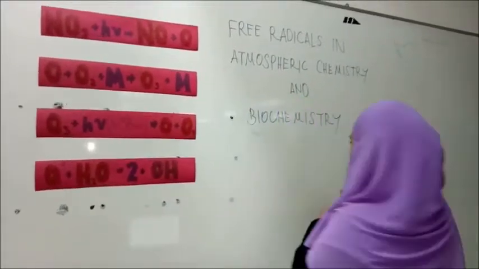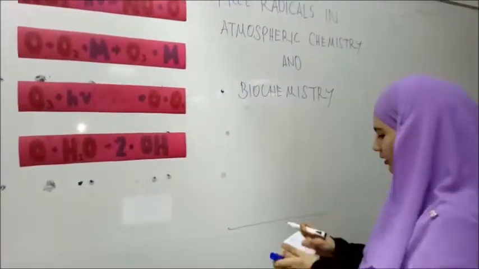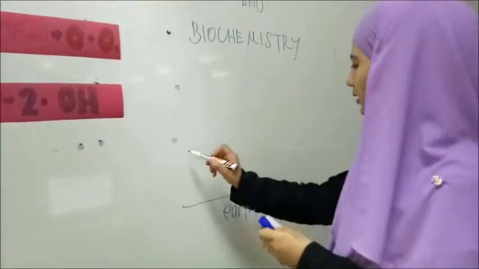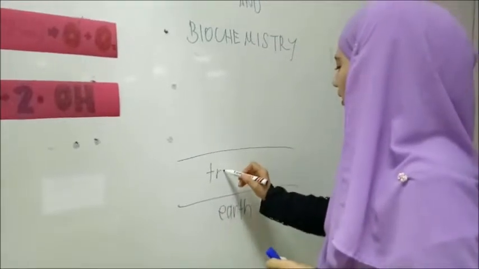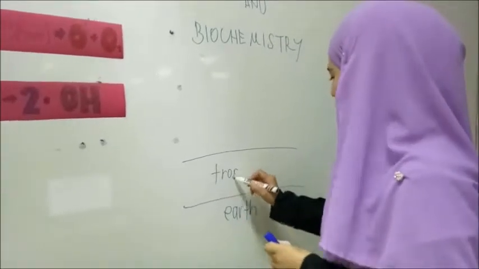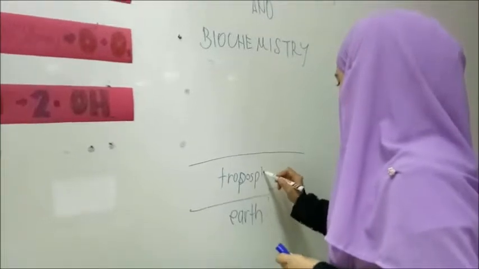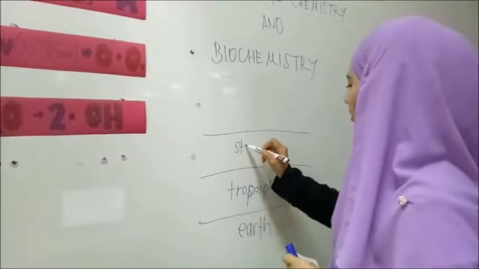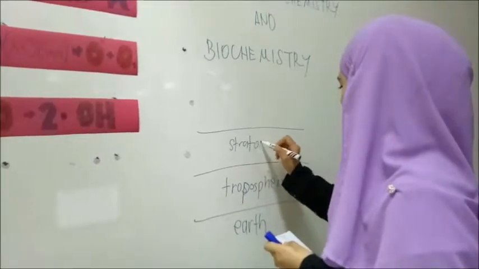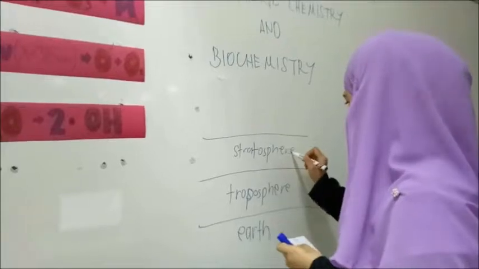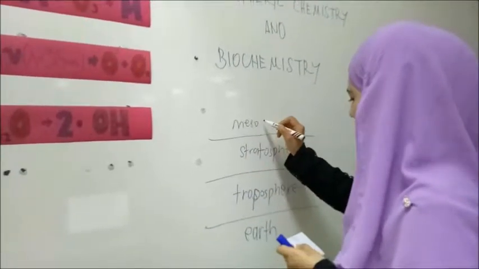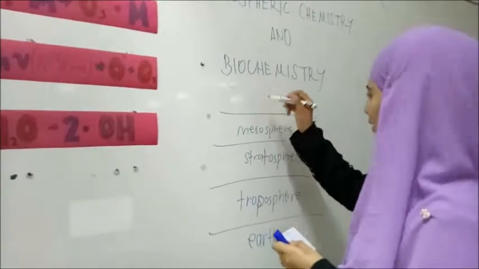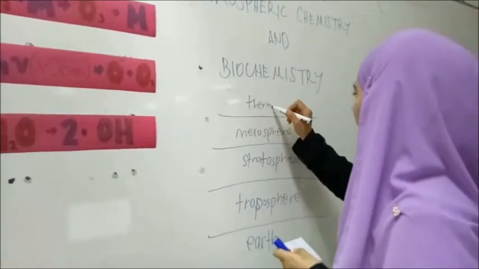So let me draw first. This is our Earth, and then here in our atmosphere, this is the troposphere layer, and then the stratosphere layer, mesosphere layer, and thermosphere layer.